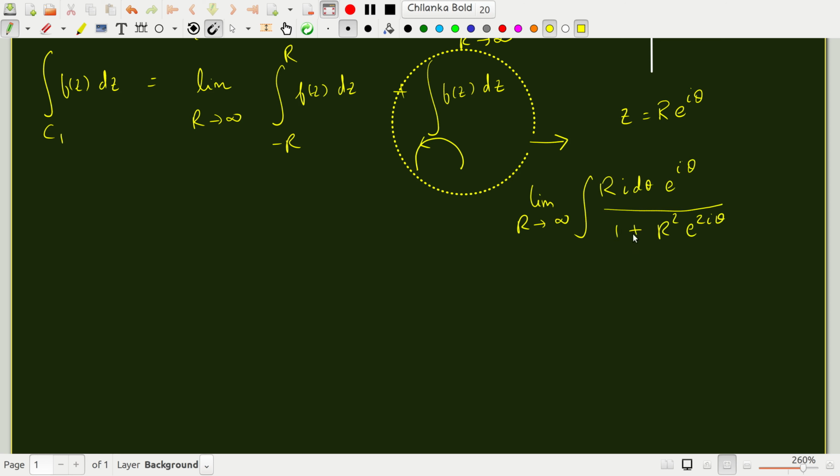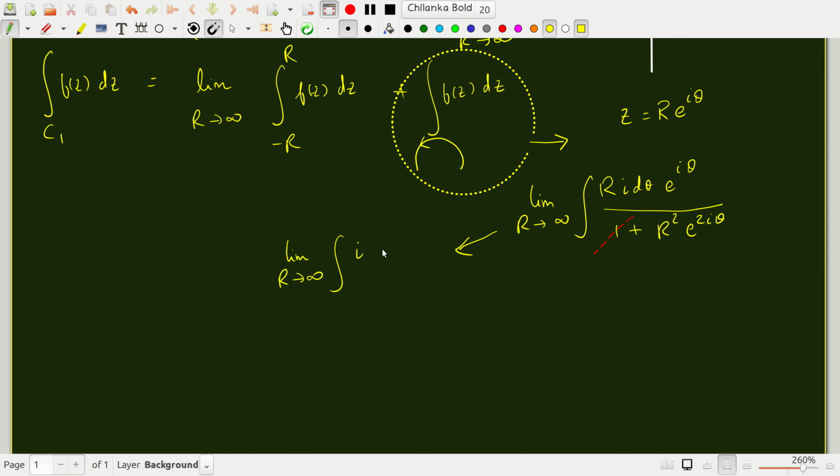In the limit when R goes to infinity, you can neglect this 1 compared to this term, right? And this essentially boils down to, as R goes to infinity, this R will cancel 1 R, and then e to the I theta will cancel 1 of it, and so on.